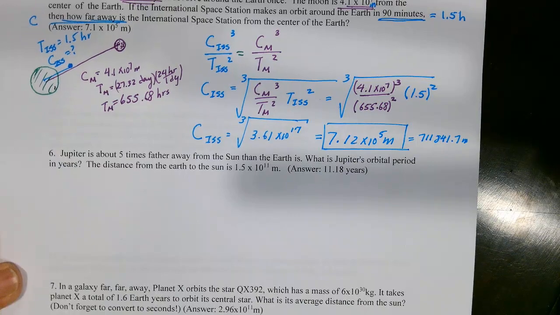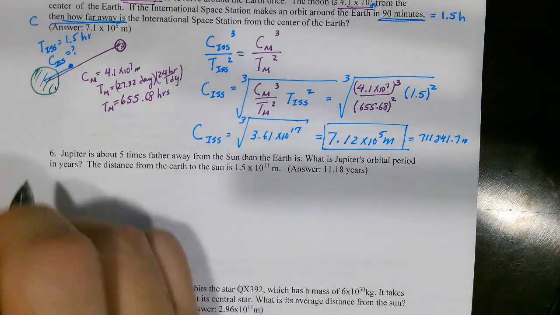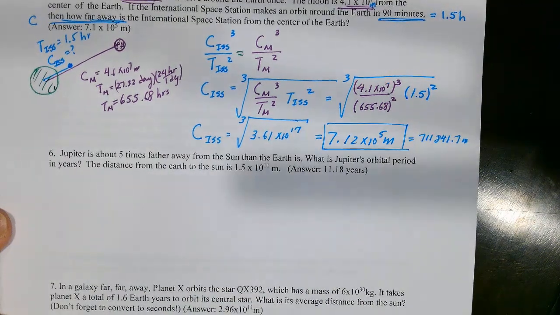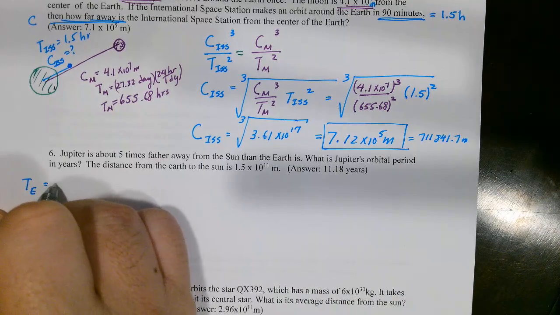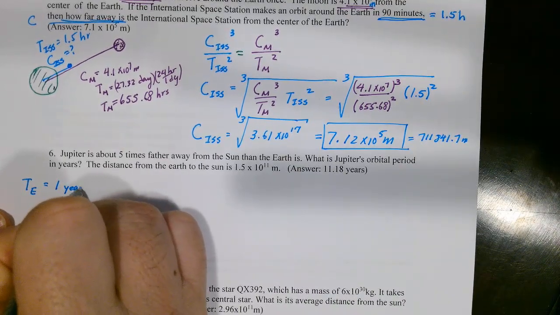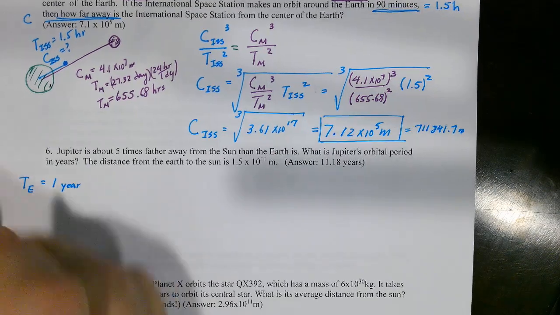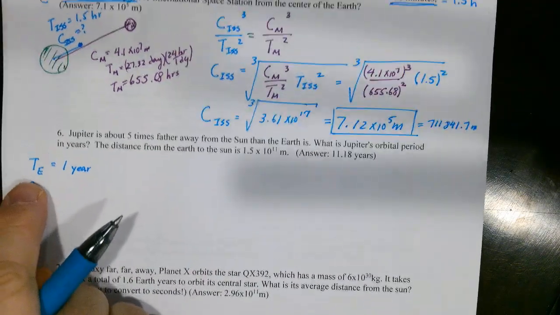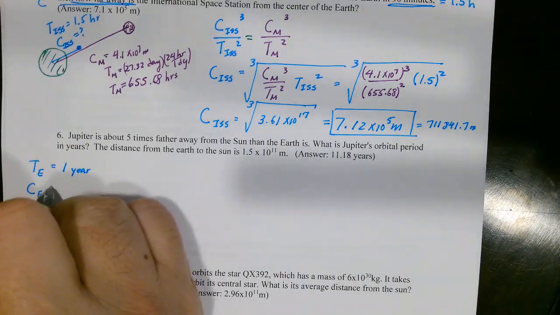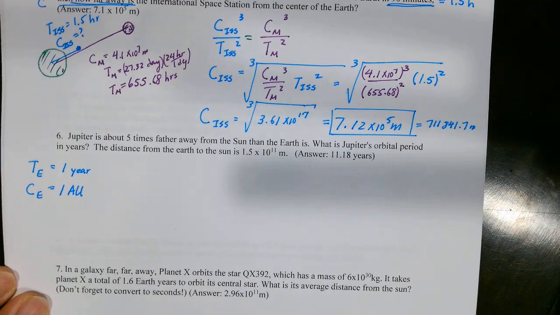But if you think about what they're saying, we already know the period of Earth. The period of Earth is 1 Earth year, and C Earth, the distance from the sun to Earth, we'll consider as 1 astronomical unit, 1 AU.